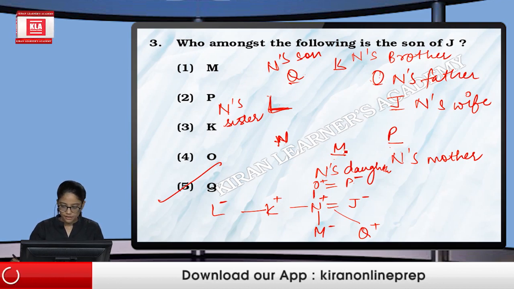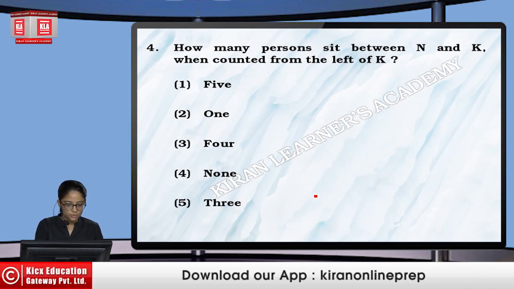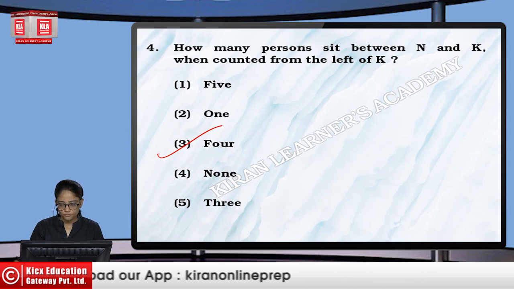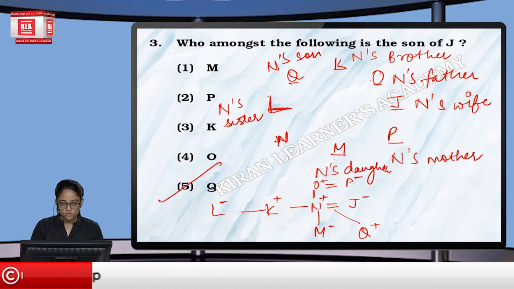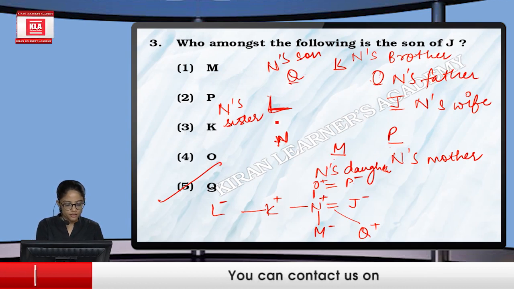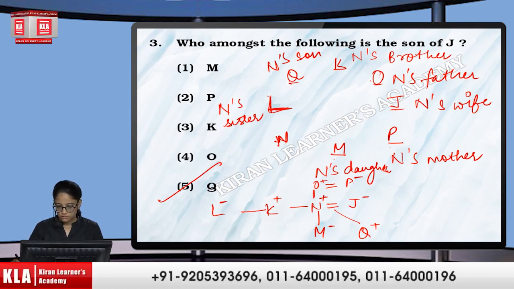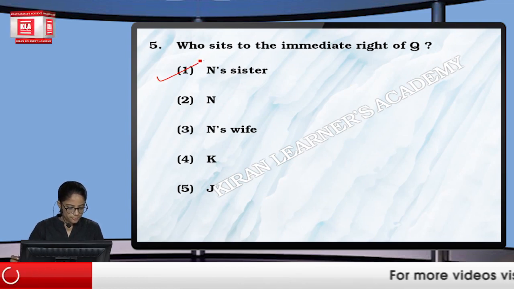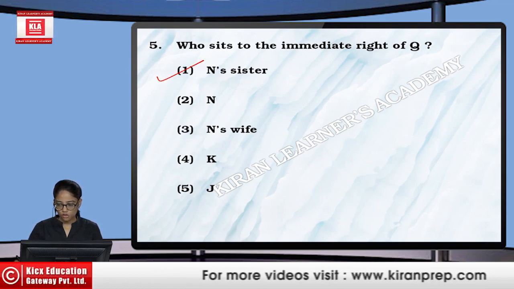So the answer will be 4, that is option number 3. Next we have who sits to the immediate right of Q. Who sits to the immediate right of Q means L. The answer is L, and L is N's sister, so we are going to mark first option.